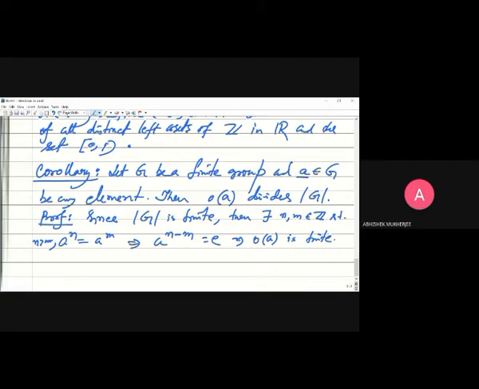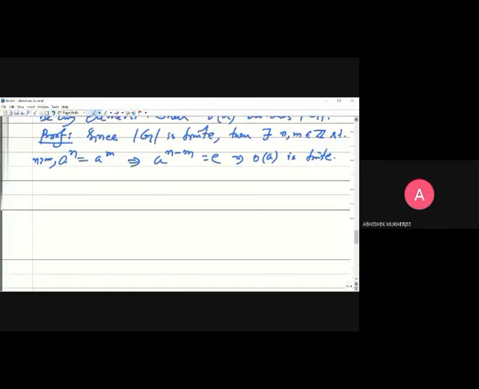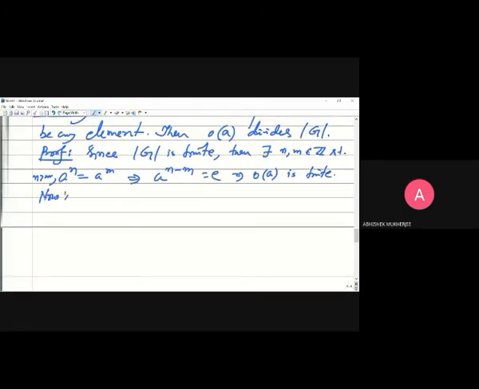So you can define the least positive integer k for which a to the power k is the identity, and that is defined to be the order of the element. So the order of a is finite. Now, if H is the cyclic subgroup generated by a, then the order of H equals the order of the element a.